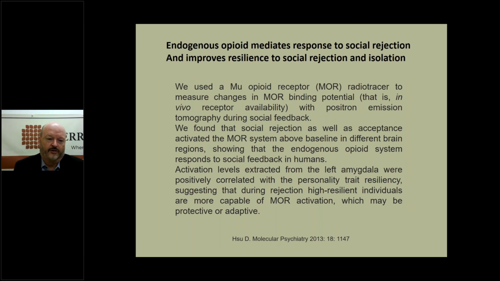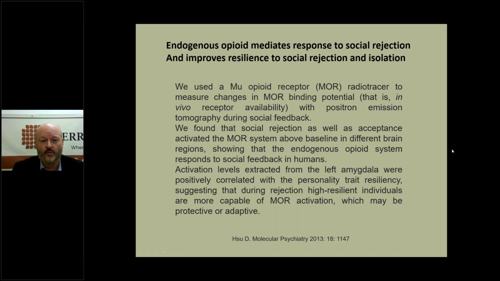Now, this is for you all to look at later. I'm not going to go through this in a lot of detail, but I just said that acetaminophen, Tylenol, can treat social pain. Well, the endogenous opioid system is involved in regulating social pain, the degree of social pain that people have from social isolation.